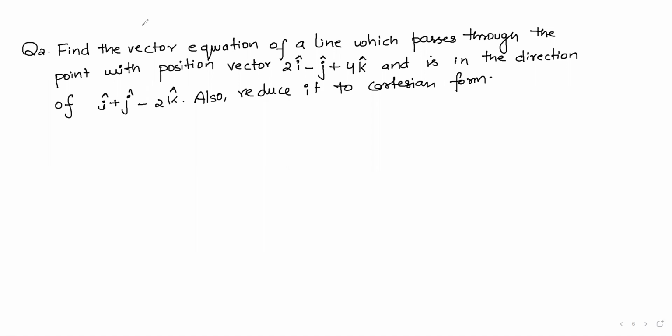The 2i cap minus j plus 4k. Yes, that's correct. And what is B? I cap plus j cap minus 2k. Yes, i plus j minus 2k. Please find the vector form, share your answer, then I will help you in changing this to Cartesian form.